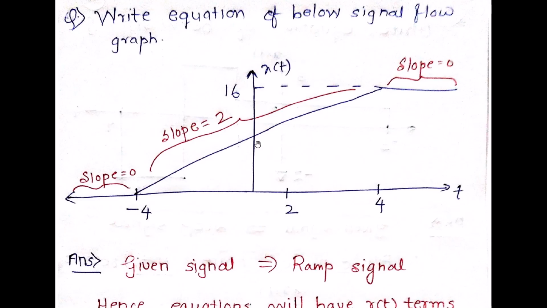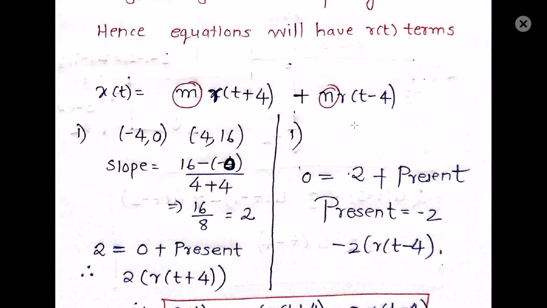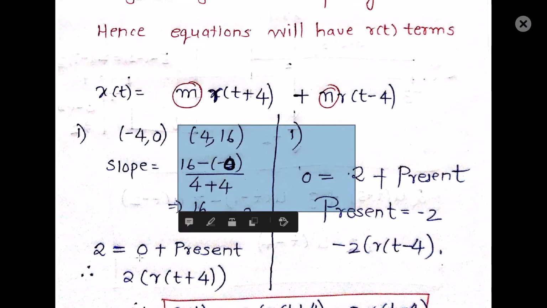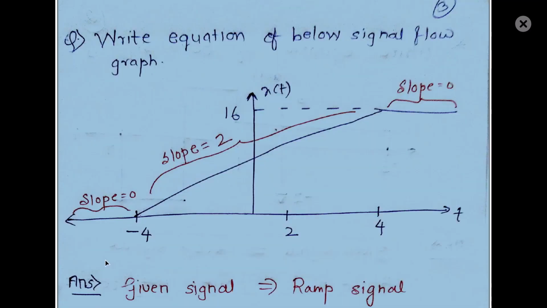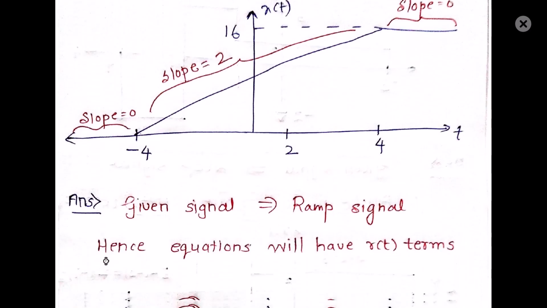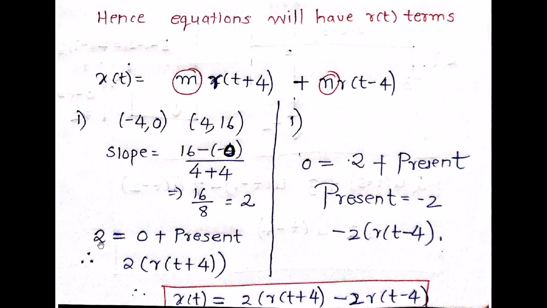That the slope of this particular linear line is going to be 2. So the slope is equal to the previous plus the present. So the slope is given as 2.